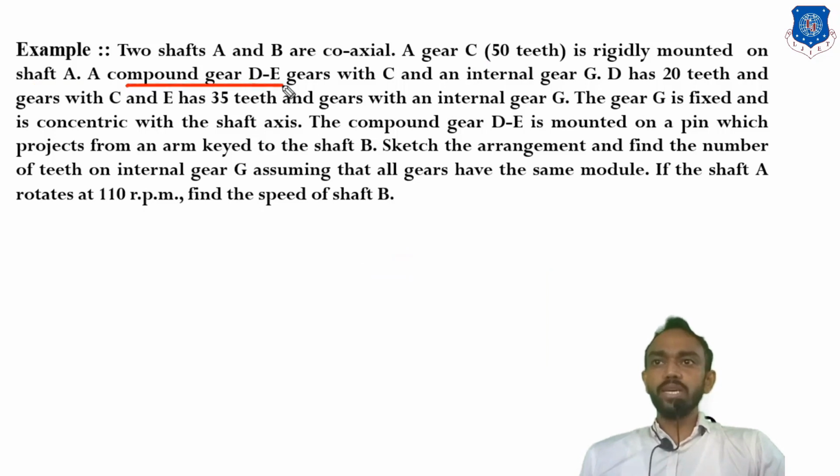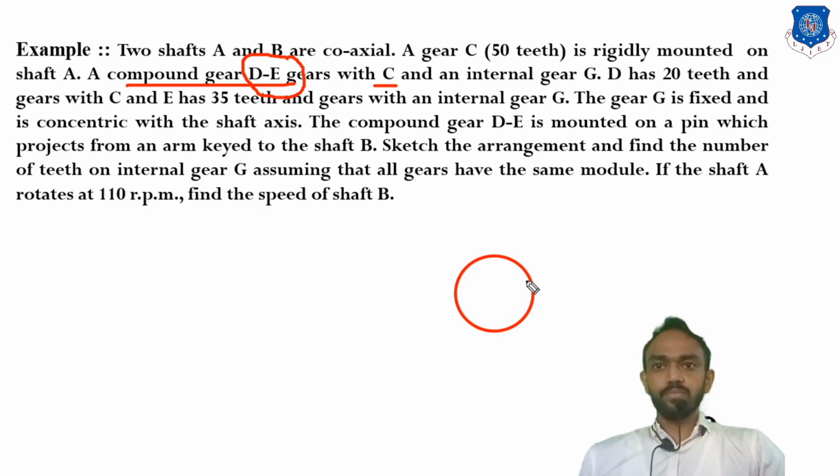So compound gear DE gears with the C. DE is a compound gear, meaning a single shaft and two gears D and E, which is with C, and integral gear E. Let's check this. First of all, remember, what can be the arrangement? We don't know the number of teeth. So first of all, take this.